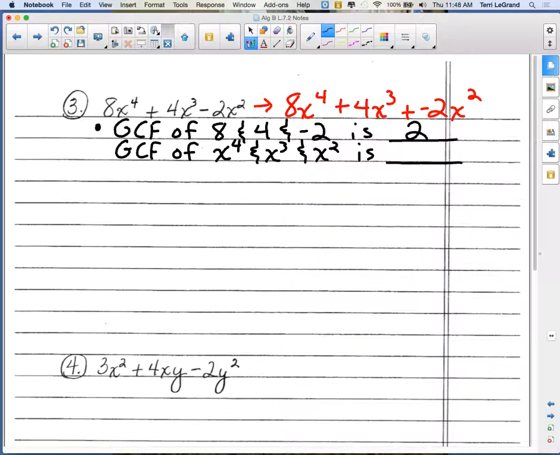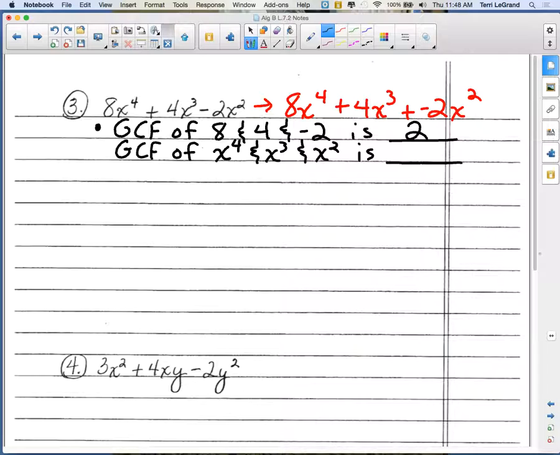Anybody think they know a trick to finding this out? Michaela? Isn't it the lowest one because you can't take more than you have? Yeah. It's the lowest exponent because you can't take any more out of it than you have, like Michaela said.